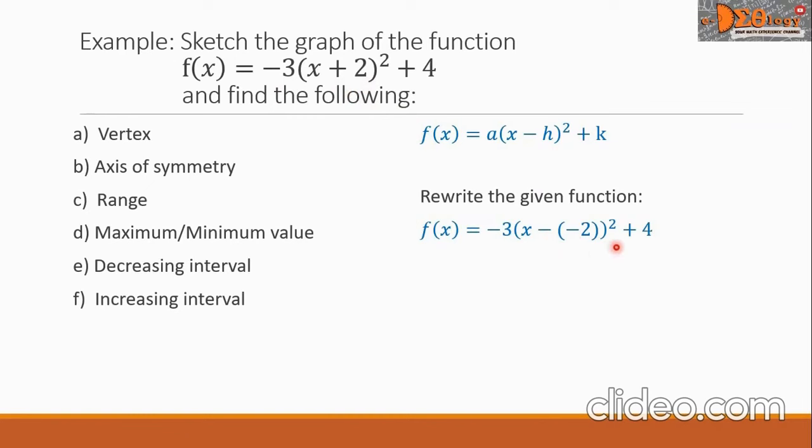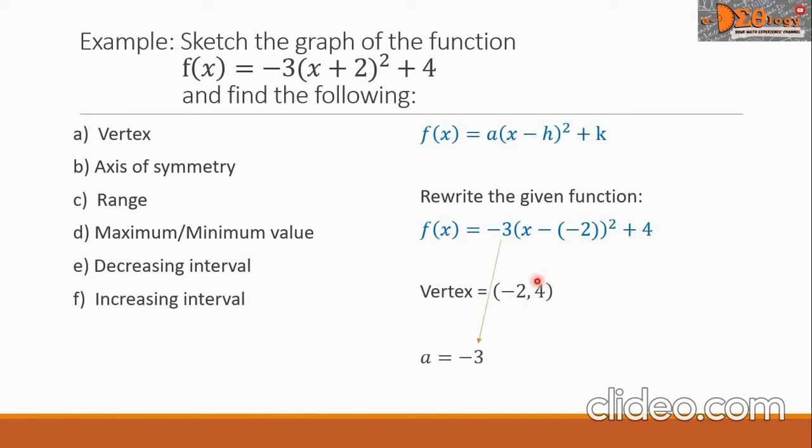And from here, we're going to collect now the vertex or the hk values. So this -2 is the h and the +4 is the k. Therefore, the vertex has the ordered pair -2, 4.